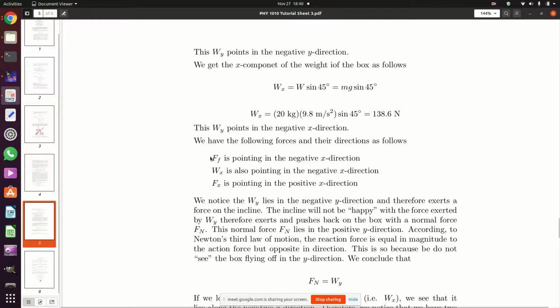So basically this is what we're trying to say here. The friction force is pointing in the negative x direction, Wx is also pointing in the negative x direction, Fx is pointing in the positive x direction.